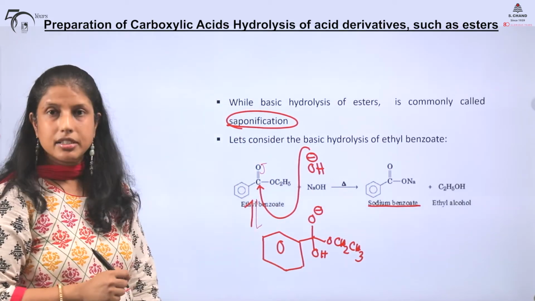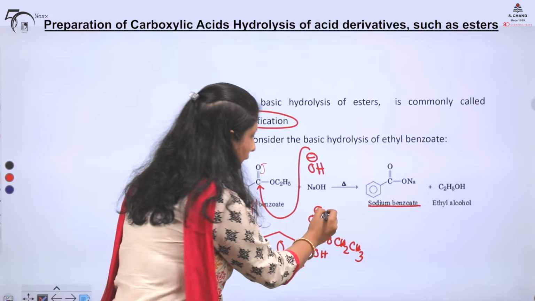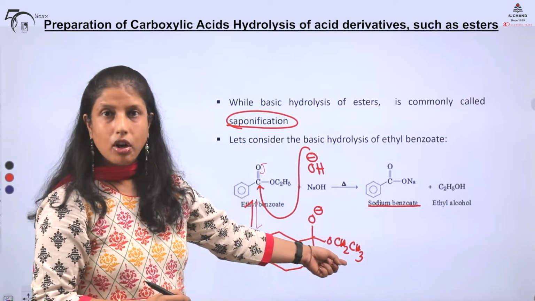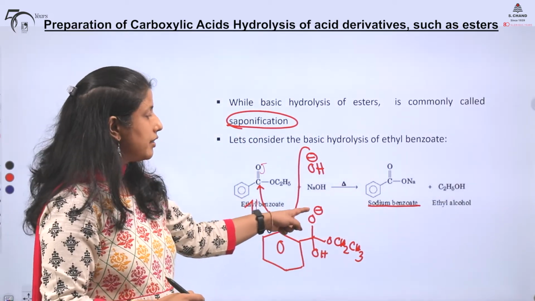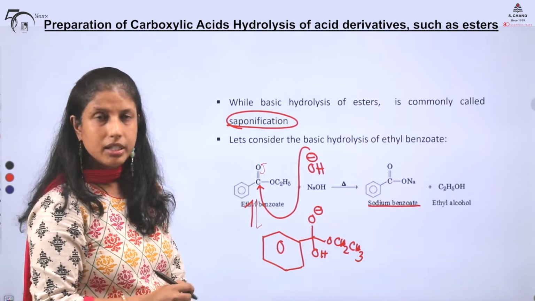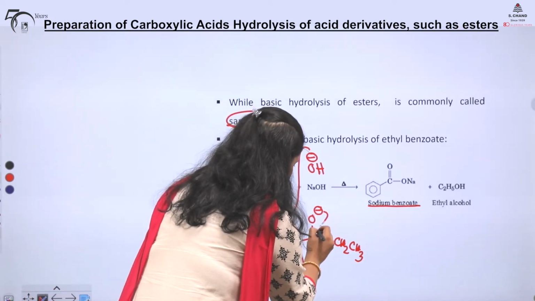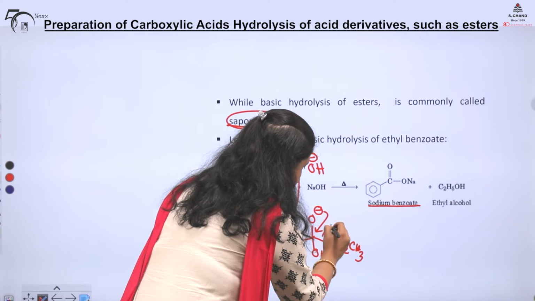As soon as this is formed, now we will have a loss of our ethoxy group followed by the reformation of the carbonyl moiety.